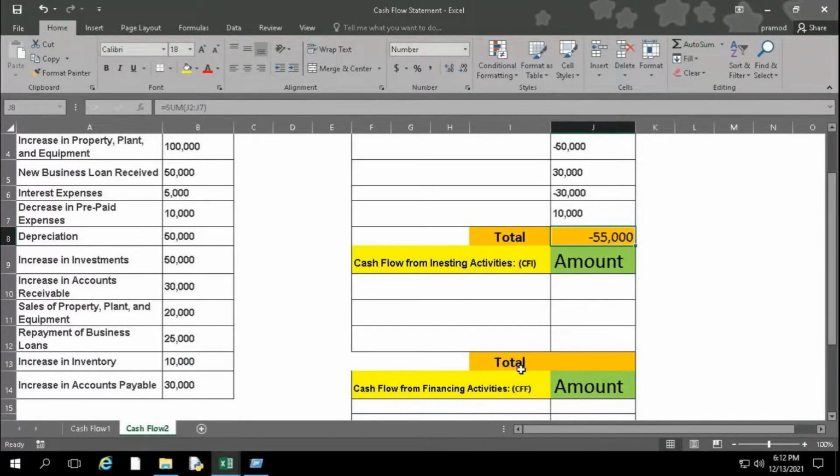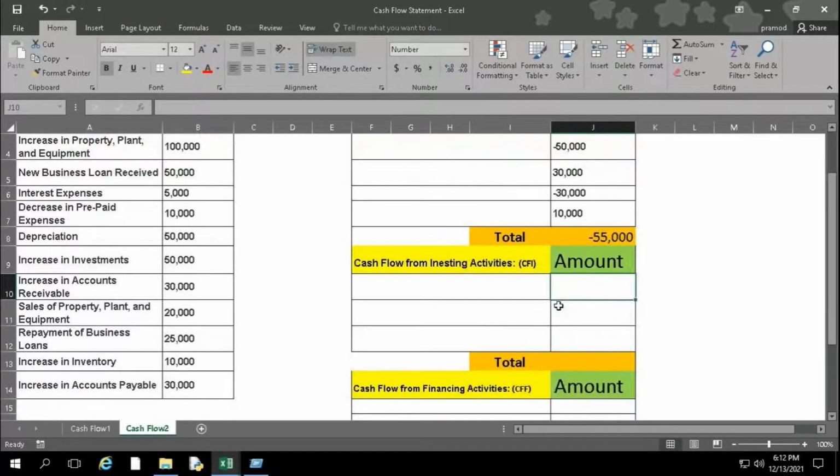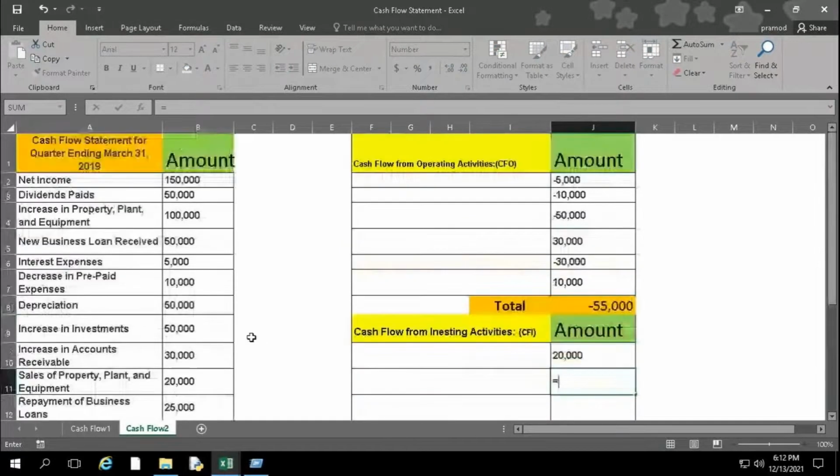Minus, but we have to add that, 55,000. In CFI, no, sir? Investing? No, no, no. Operating activities only. Add. So increase in property, plant and equipment is there, no? That you give under CFI.